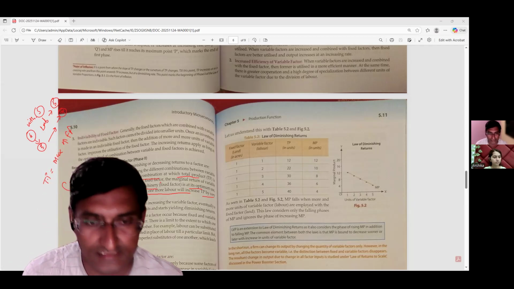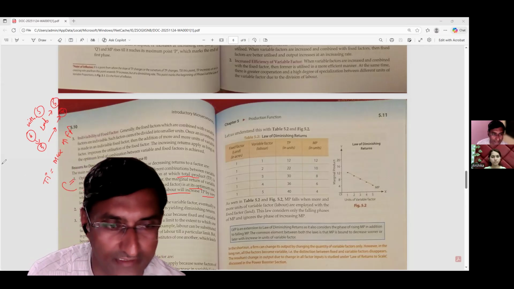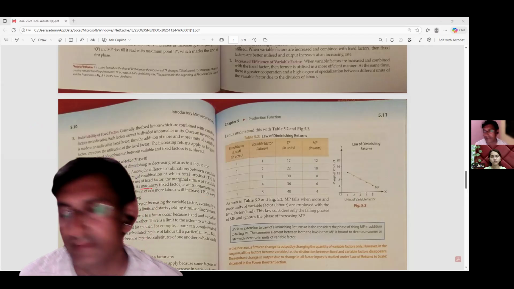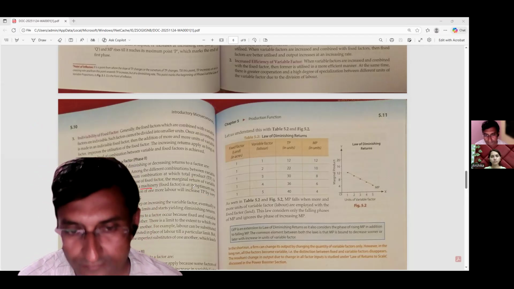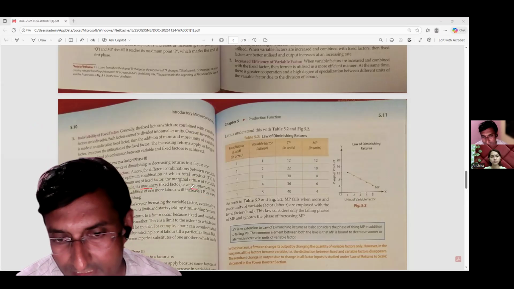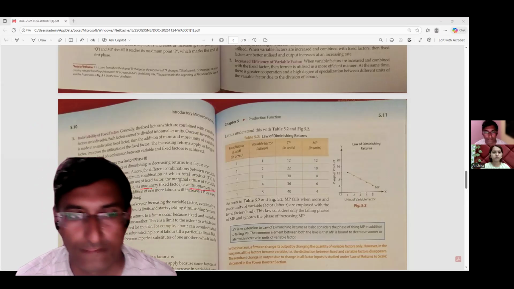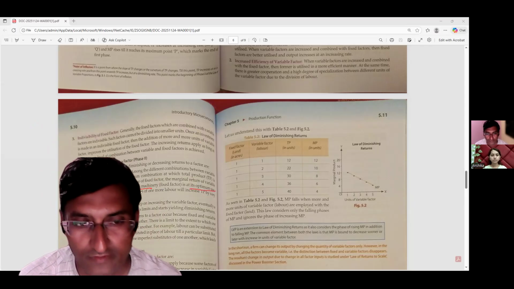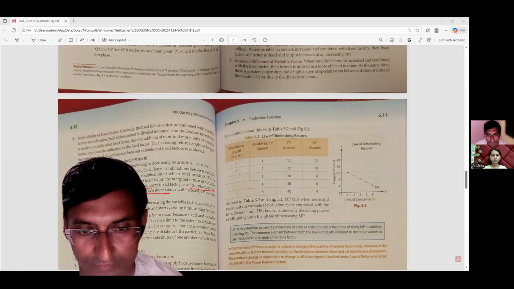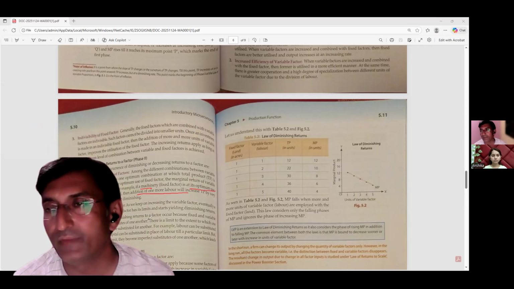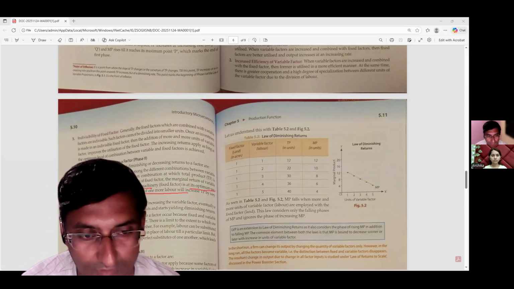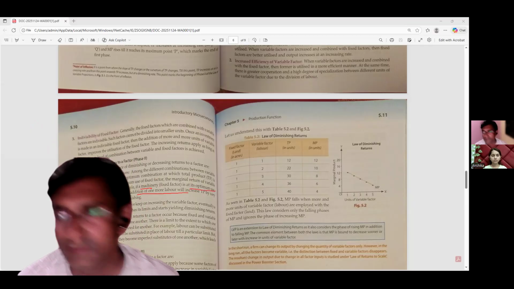I'll repeat it again. In this case, for example, if a machinery, that is called a fixed factor, is at its optimum use when 4 laborers are employed, then addition of one more labor will increase TP by very less amount, and MP will start diminishing.